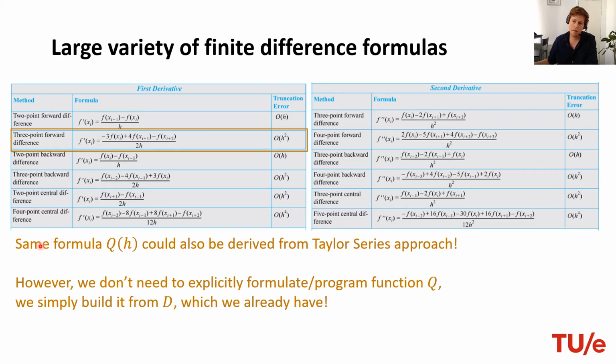However, it's important to state that the way we derived this scheme didn't need any complicated Taylor series analysis. No, it was from a simple algebraic manipulation of two evaluations of a low order scheme D at two levels of grid refinement, h and 2h.